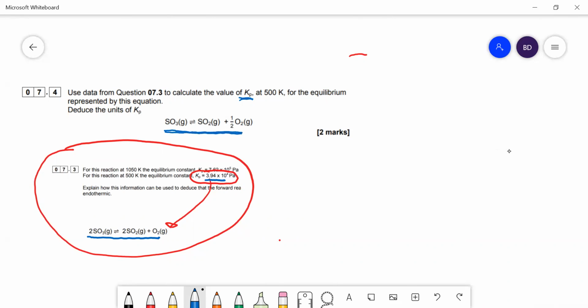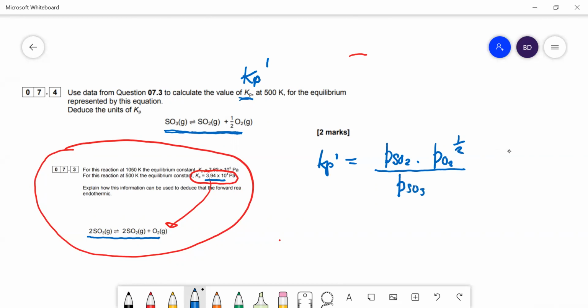So let's call this Kp dashed. The expression for Kp dashed is going to be, not the concentration, the partial pressure of SO2, not squared, multiplied by the partial pressure of O2 to the power of a half, or in other words, the square root of the partial pressure of oxygen, divided by the partial pressure of SO3.